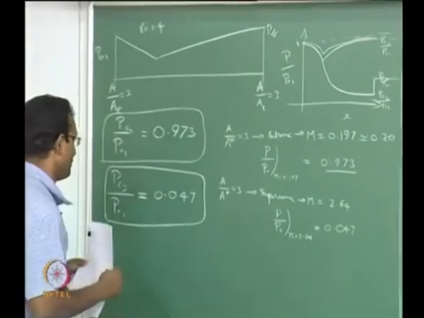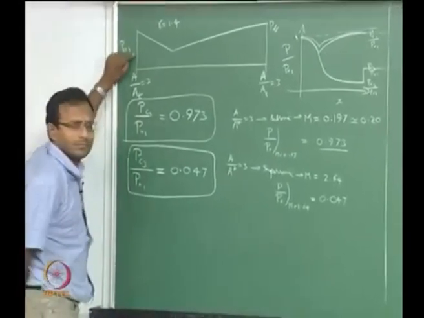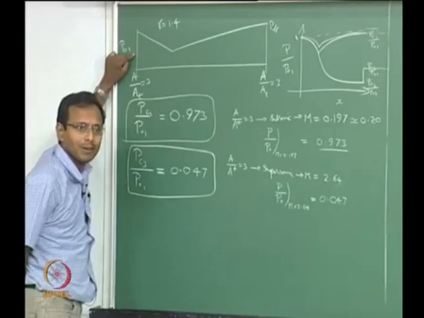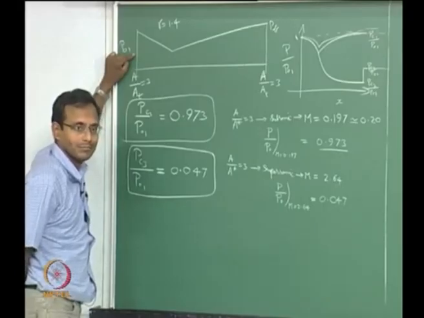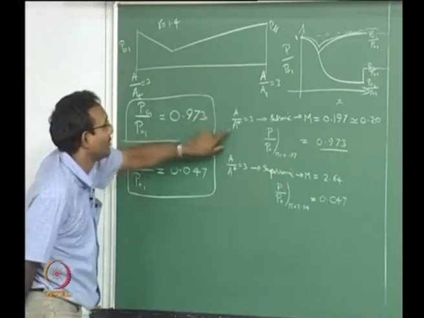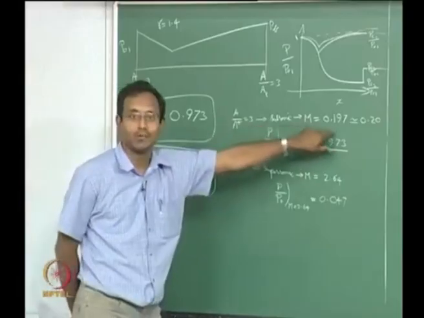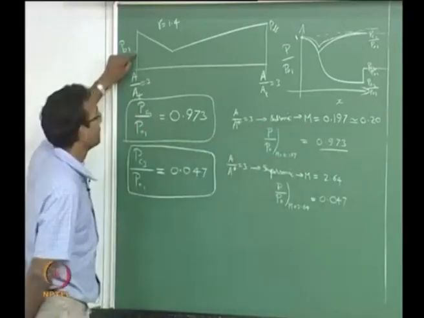By the way, what will be the Mach number here at the inlet of my duct? You have the answer on the board. It should be equivalent to A by A star of 3 subsonic solution, 0.2, that is what it should be.